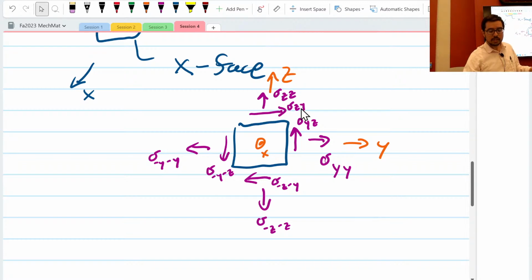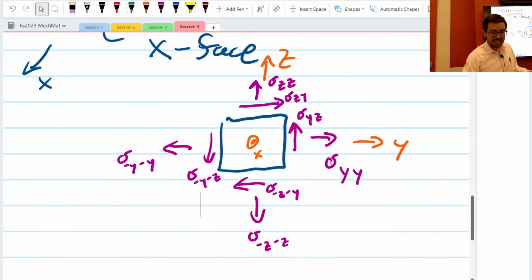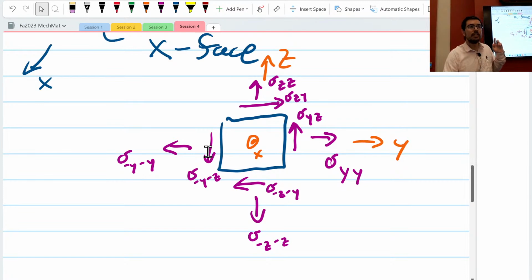No, this is on a Z face and it's going Y, so this is sigma ZY. The one on top is sigma ZZ. The one should be minus y minus z. So what's this arrow? This is a minus Y face, and it's in the minus Z direction.